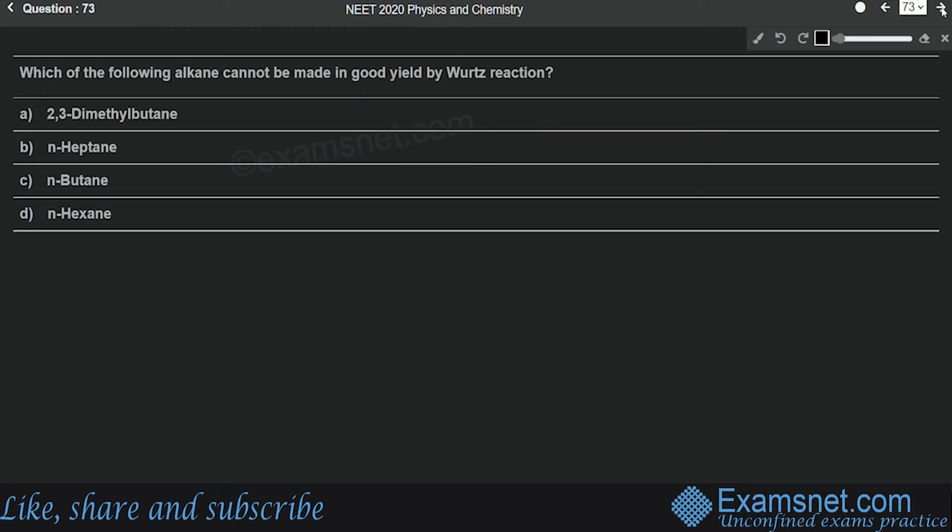Now question number 73 is from the chapter Haloalkanes and Haloarenes, and the question is: which of the following alkanes cannot be made in good yield by Wurtz reaction? So what is Wurtz reaction? Here two alkyl halides react with sodium, in the presence of dry ether, to give alkane plus sodium halide.